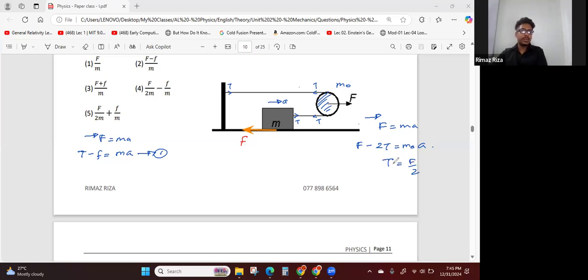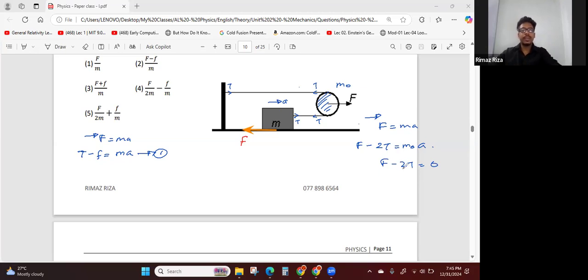Is that right? Okay, let's plug that in and see whether we get a similar answer. Since m naught is 0, we get F minus 2T equals 0.